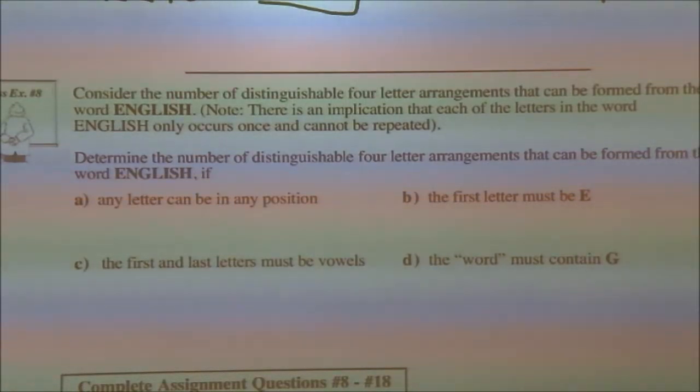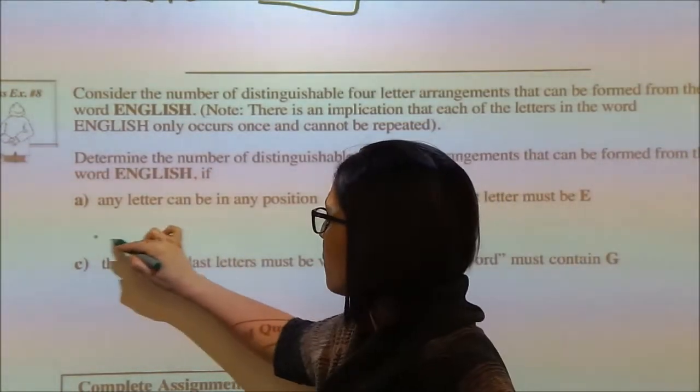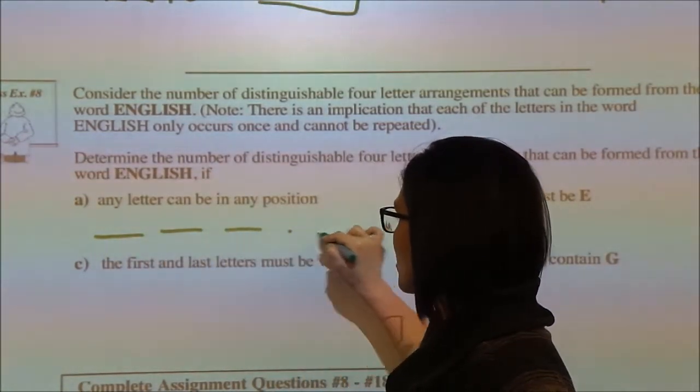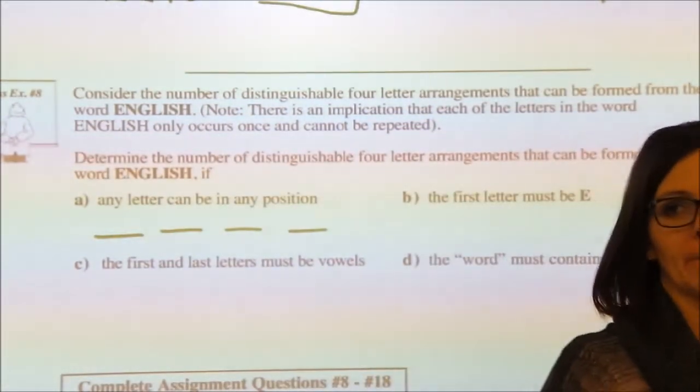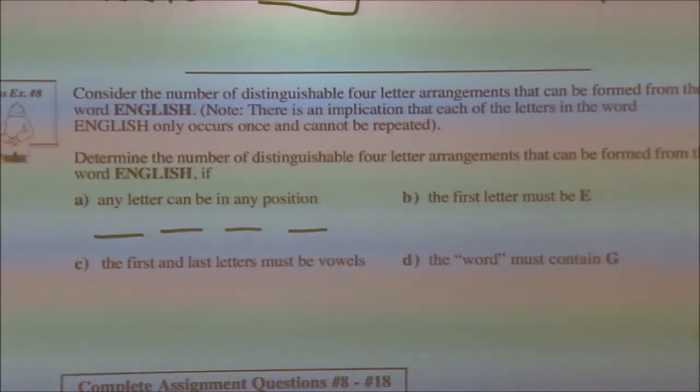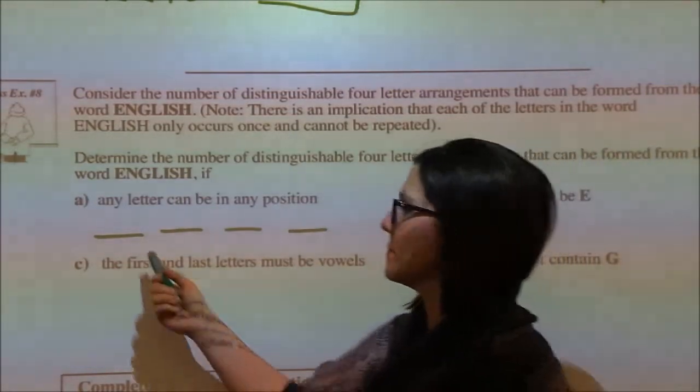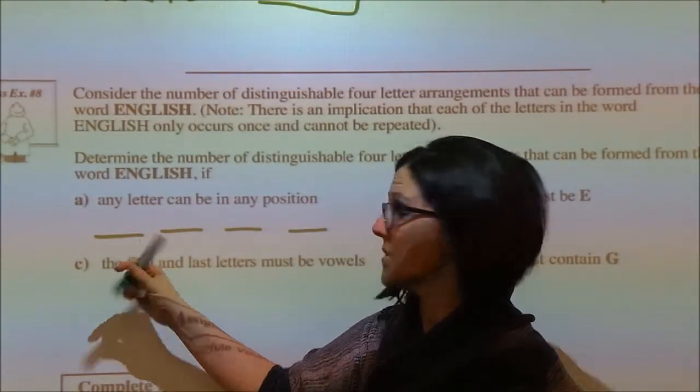So it says determine the distinguishable 4-letter arrangements that can be formed if any letter can be used in any position. So if any letter can be used, how many possible choices do I have in the first spot? 7.